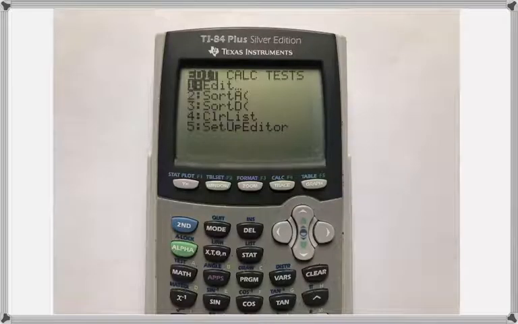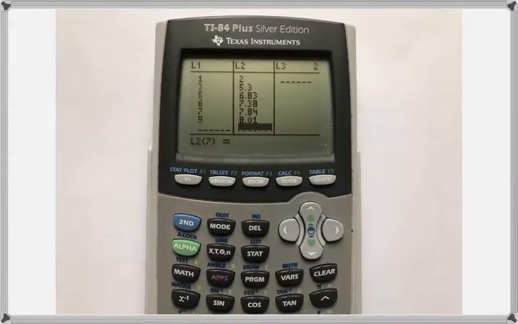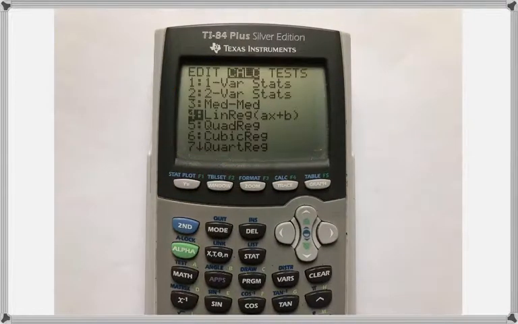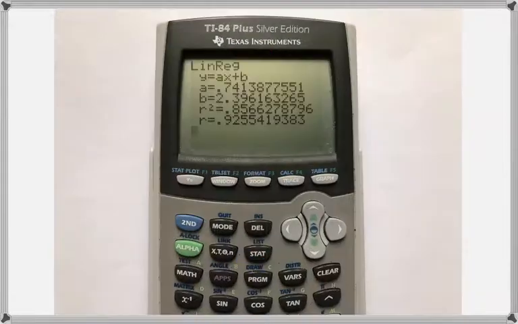So I want to enter in my data. So stat edit, and I'm going to enter in my data. Then I want to calculate the linear regression. So stat calc linear regression, and those are our numbers.